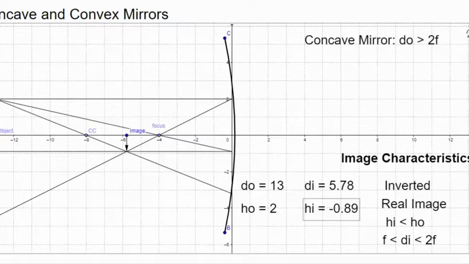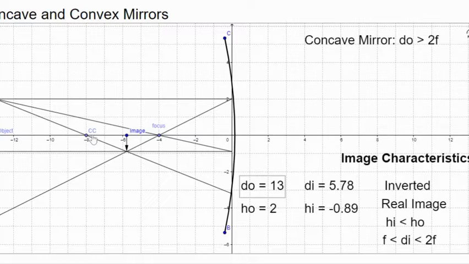We're going to start with the situation that we had on the first clip, where the object is well past the center of curvature. So here is our object out over here. Remember, the object distance, you can see it right here, is 13, which means the object is 13 centimeters from the mirror. Now, where is this compared to the center of curvature?